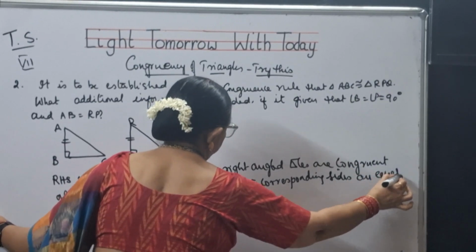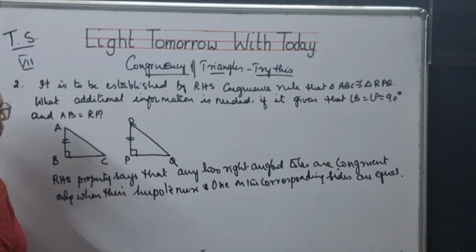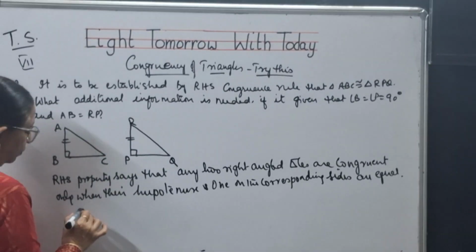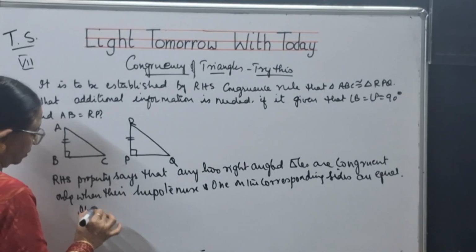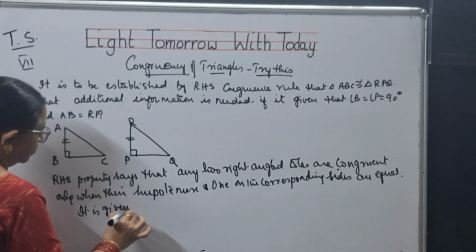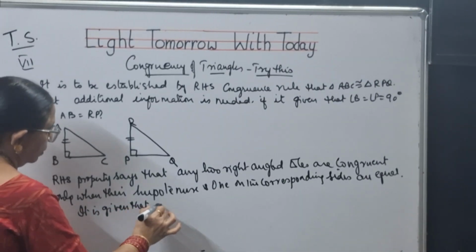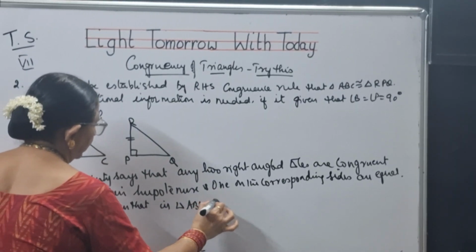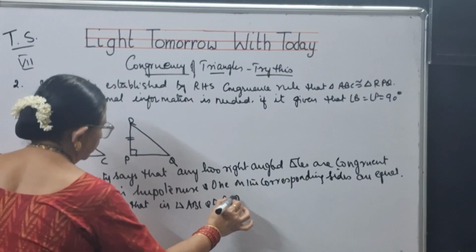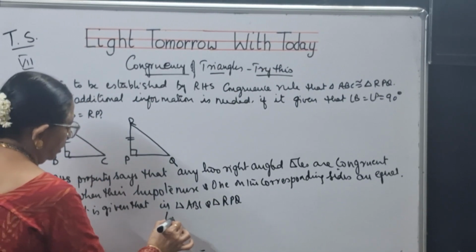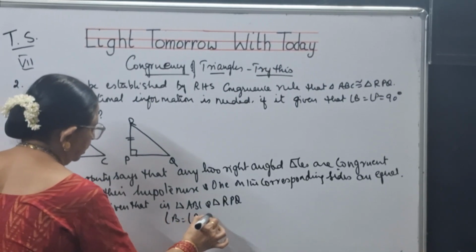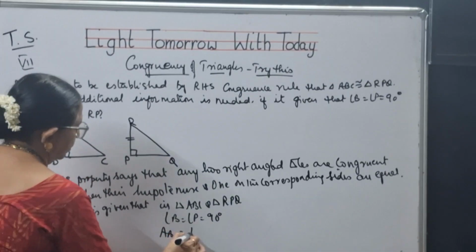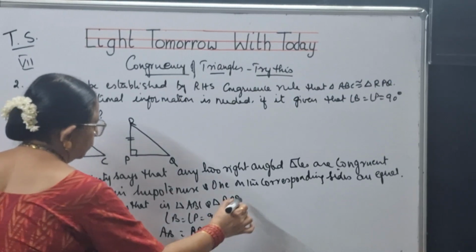This is what the RHS theorem means. You need to have hypotenuse, right angle, and one of the sides. So, what is given? It is given that in triangle ABC and triangle RPQ, angle B is equal to angle P, 90 degrees, and AB is equal to RP. So what do we need?